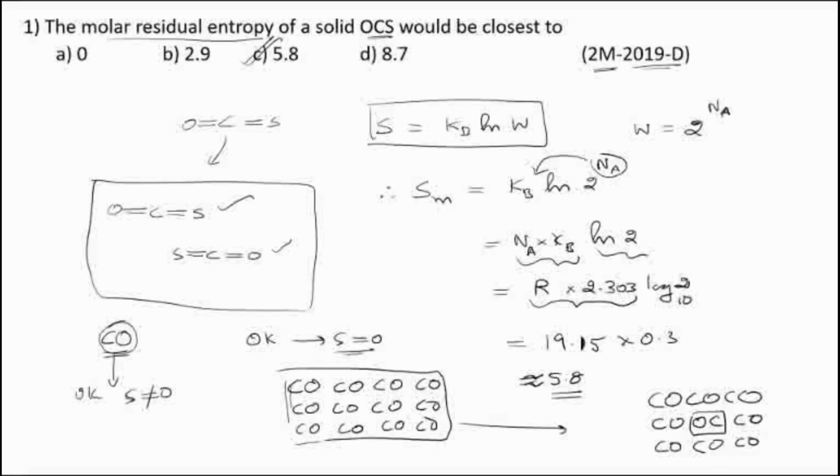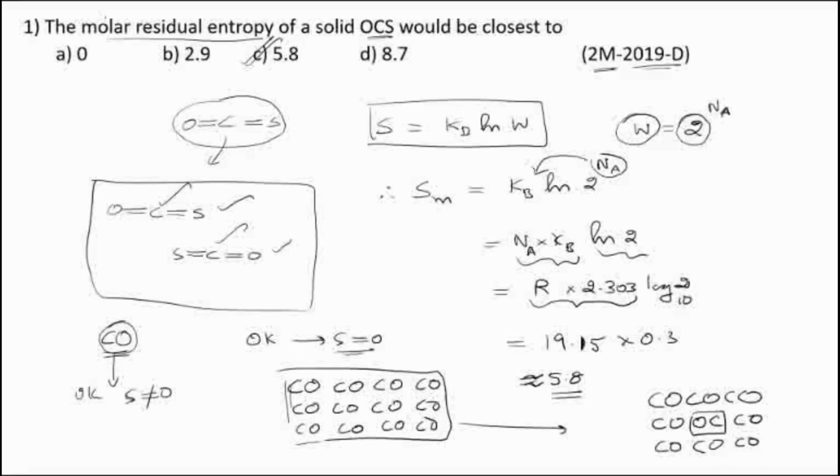In a similar manner, carbon oxysulfide is a linear molecule. It will take two different orientations in the crystal, and these are the two different orientations. And how to calculate statistical weight? Statistical weight is nothing but the number of orientations that a molecule can take, to the power of the number of molecules present in the substance.